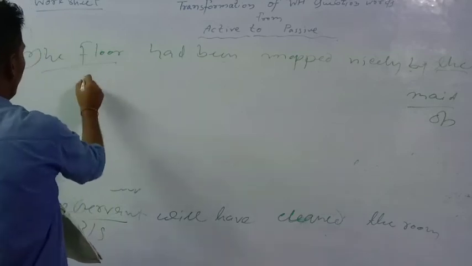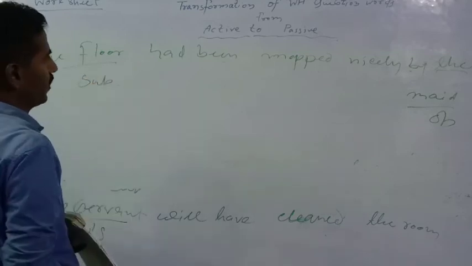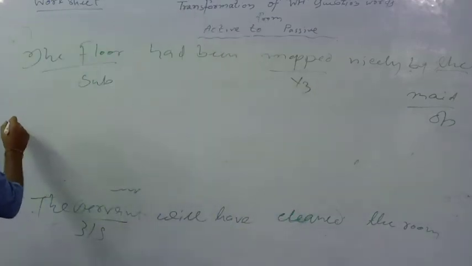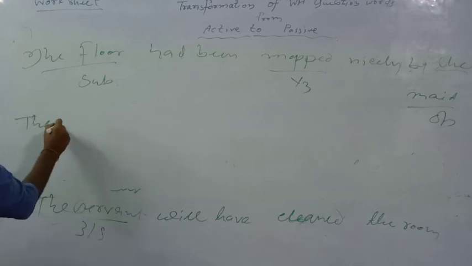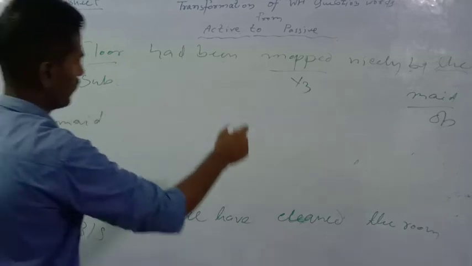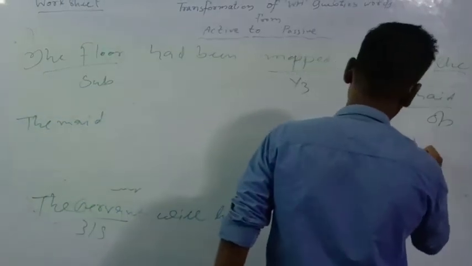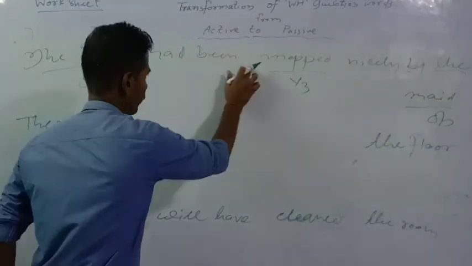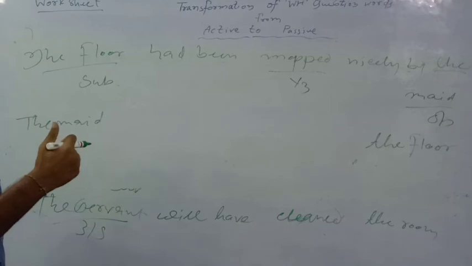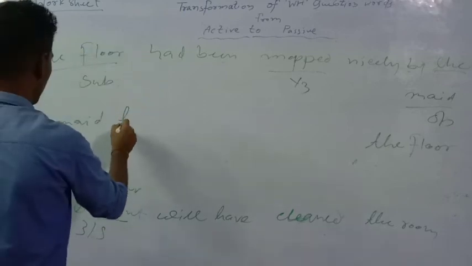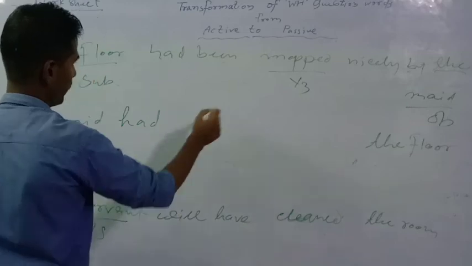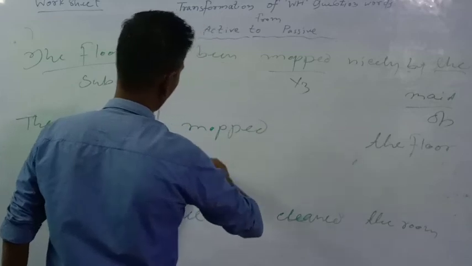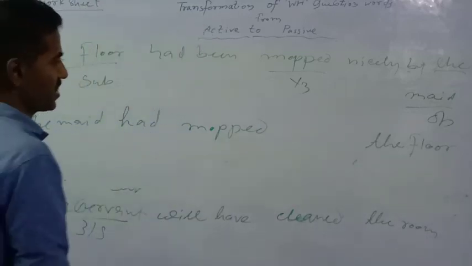Had been mopped is passive. If there is had in active, then it becomes had been in passive. So had, the maid had, then V3, mopped. The maid had mopped the floor nicely.